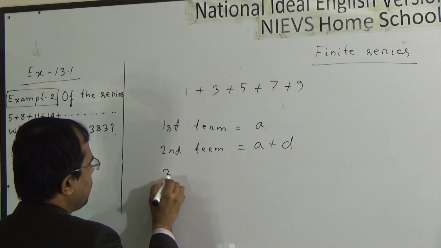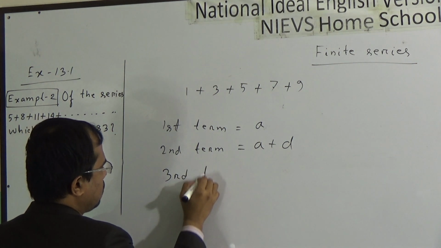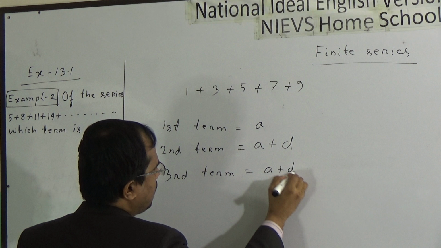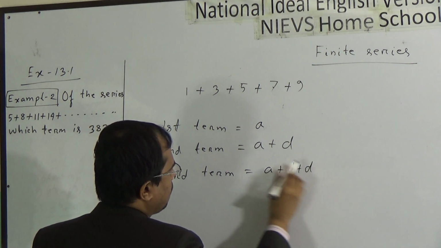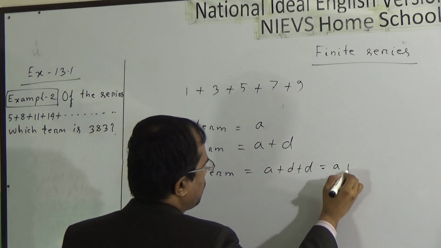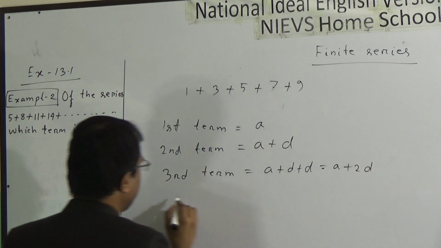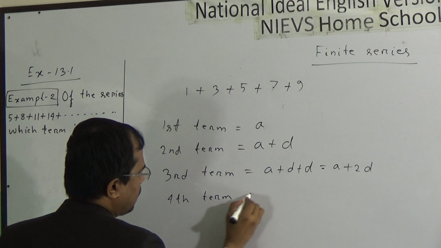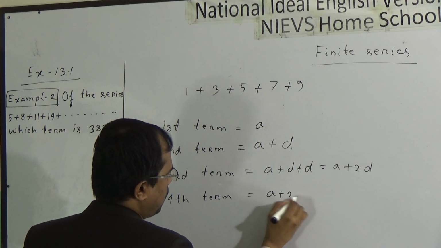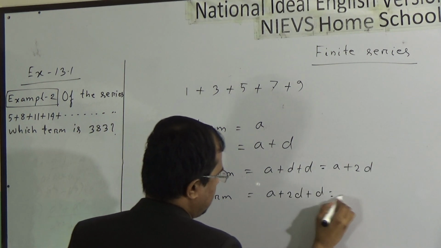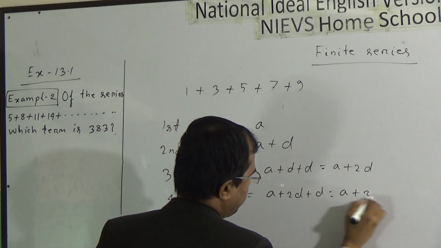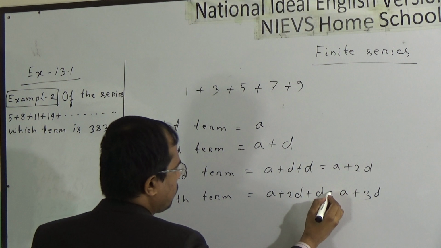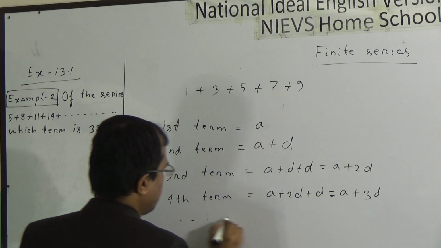Then the third term is equal to a plus d plus another d, that means a plus 2d. And similarly the fourth term is equal to a plus 2d plus another d, which is equal to a plus 3d. And so on.